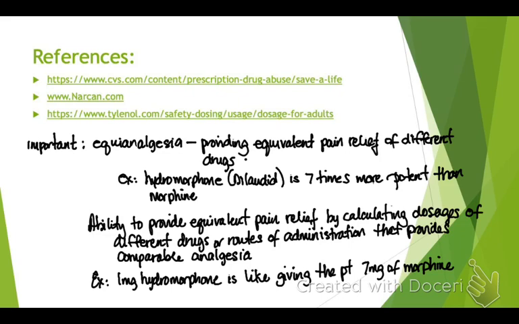Equivalent pain relief is achieved by calculating the dosages of different drugs and routes of administration that provide comparable analgesia. Again, for example, 1 milligram of hydromorphone is like giving that patient 7 milligrams of morphine.